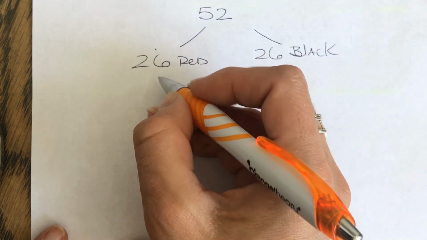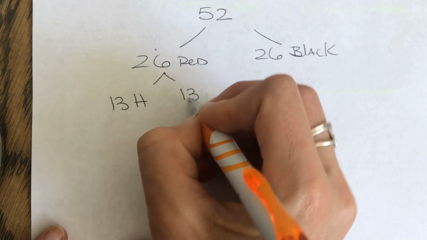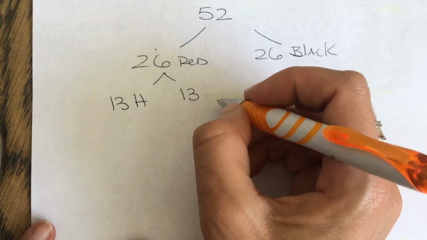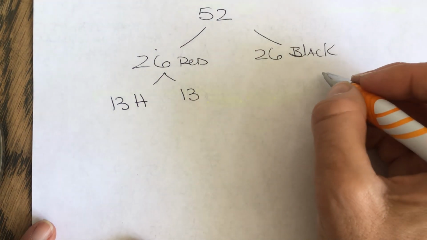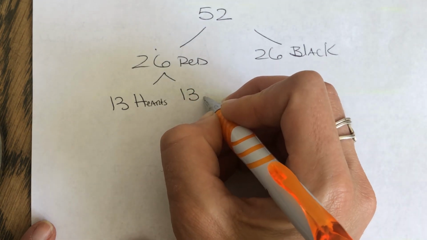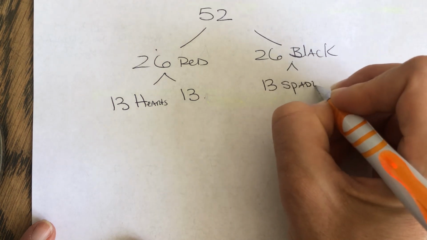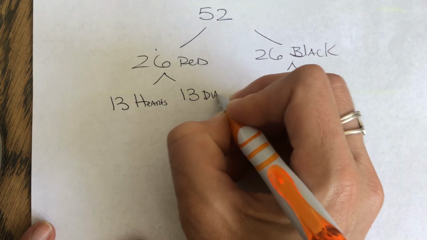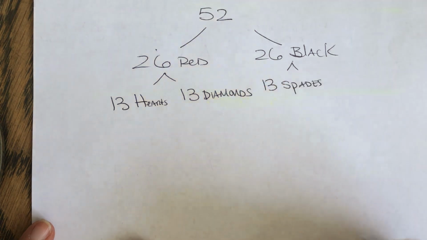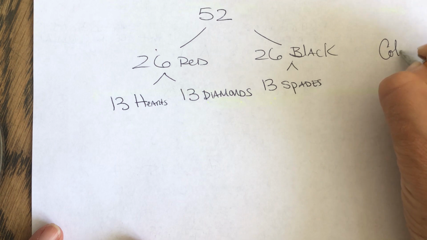And then for the red, you have 13 hearts, and you have 13, oh my God, what's the other one? 13 hearts and 13, just drew a blank. So you have 13 of the black, you have spades, oh, I got it. And you have 13 diamonds. So these are the suit colors.